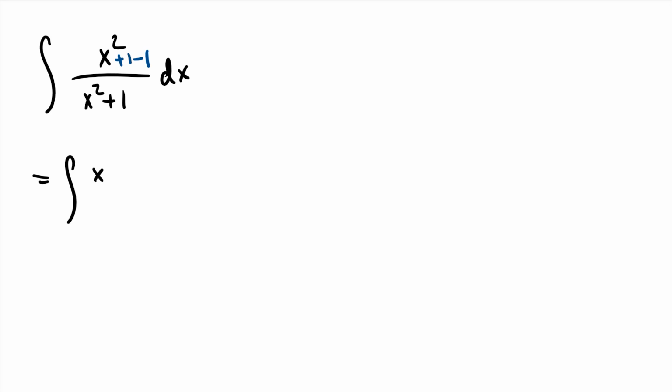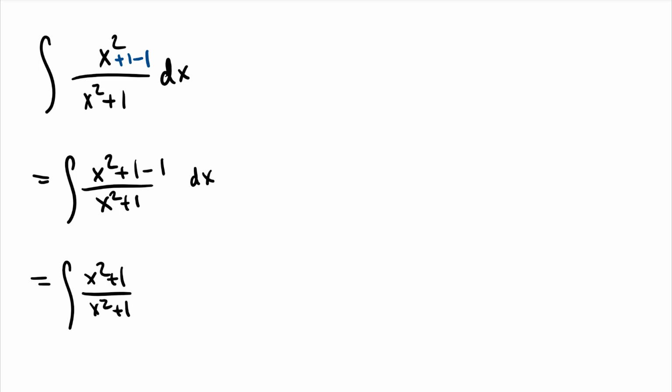So what do we got here? We have x squared plus 1 over x squared plus 1. Oh, I'm sorry. There's a minus 1 here. Do you see that they match if we just break up that numerator? Plus, we're going to take this minus 1. We're breaking up the numerator.